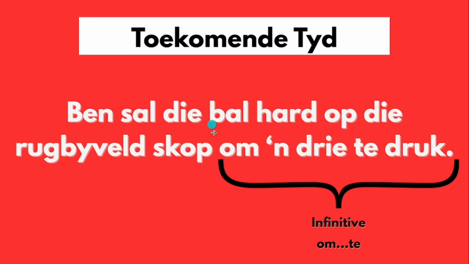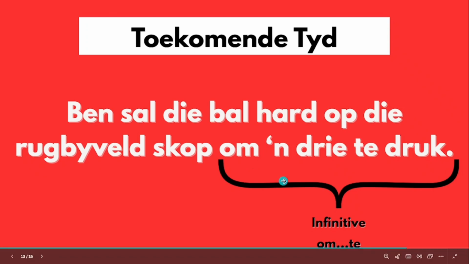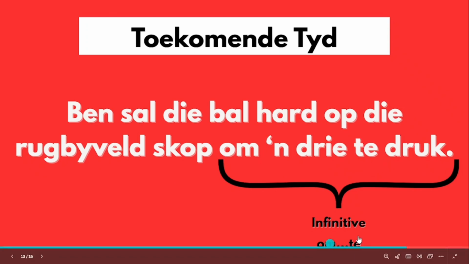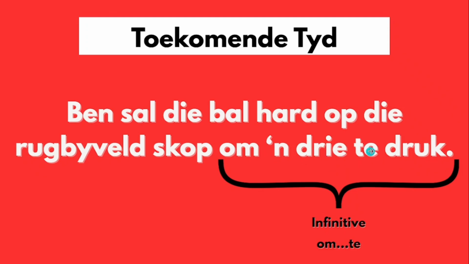So this is the end. This is verb 2. And then om 'n 3 te druk. So whenever your teacher talks about om te, she means om te. That's why there's that dot there because it has to come with like a word in between, and then after the te, it's going to be the verb itself.